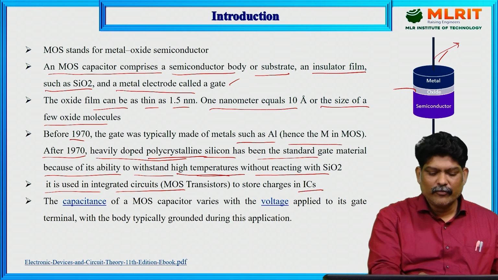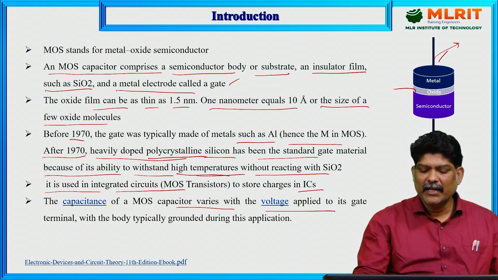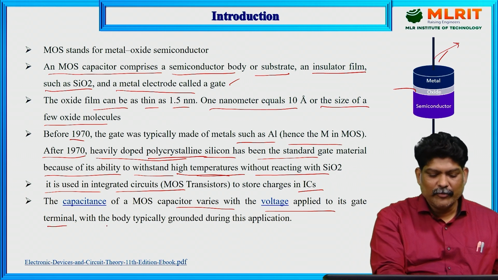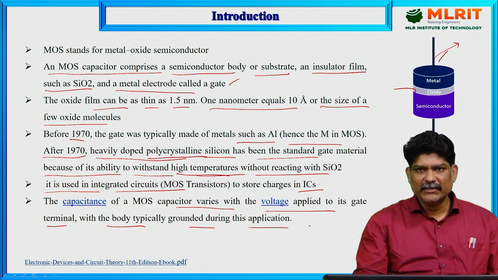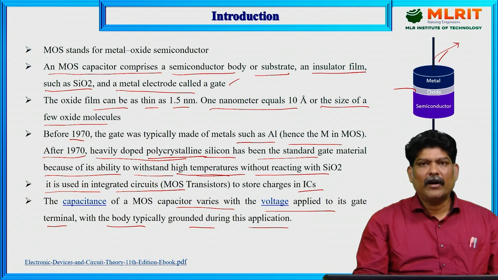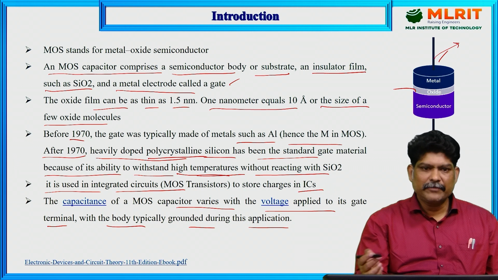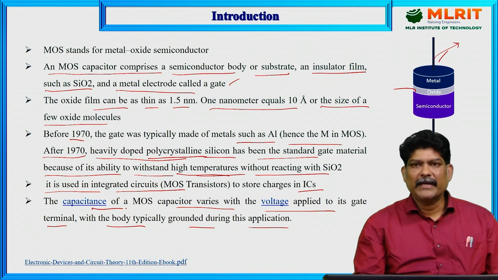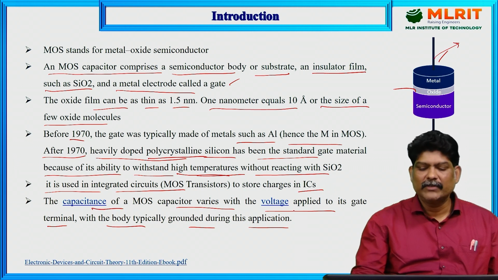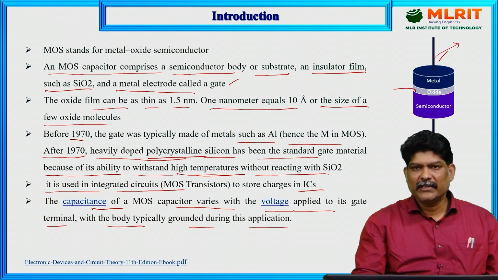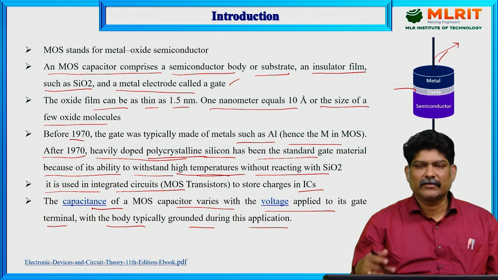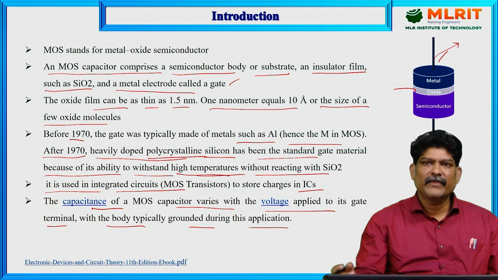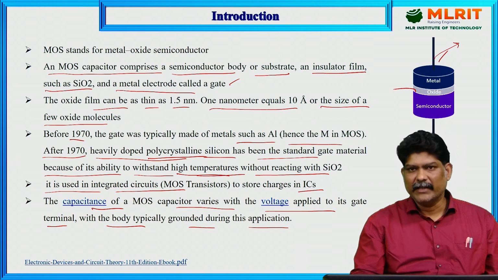The capacitance of a MOS capacitor varies with the voltage applied to its gate terminal, with the body typically grounded during this application. That is the basic principle, so we can control the capacitance with the voltage.